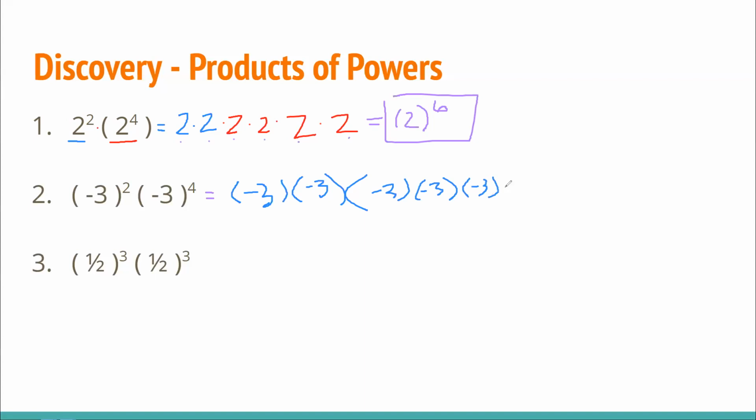Again, I can see that we're repeating the same exact number every single time. So I know that's going to be my base. Now I'm going to count how many times it's been written out. So 1, 2, 3, 4, 5, 6 times. So I'm going to put it to the 6th power. So I know when I simplify this, I'm going to get negative 3 to the 6th power.